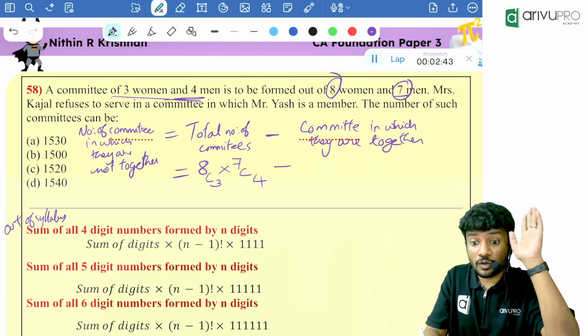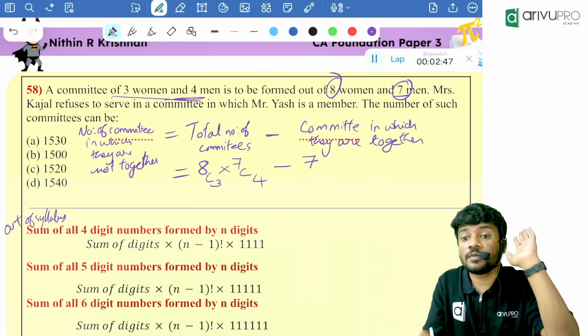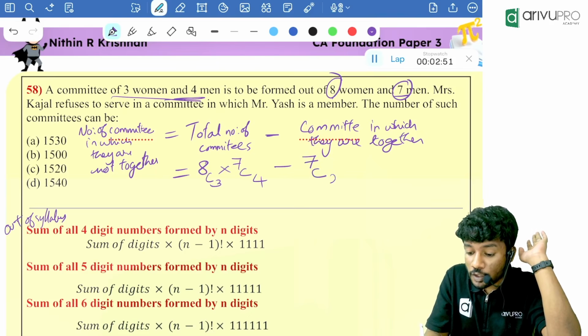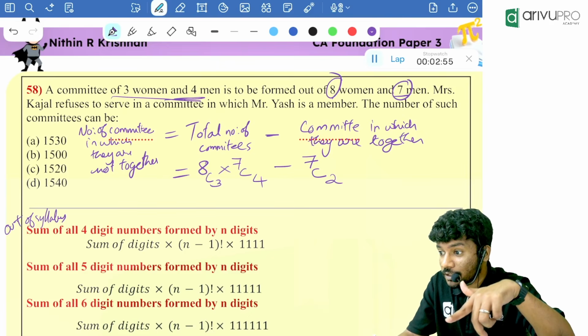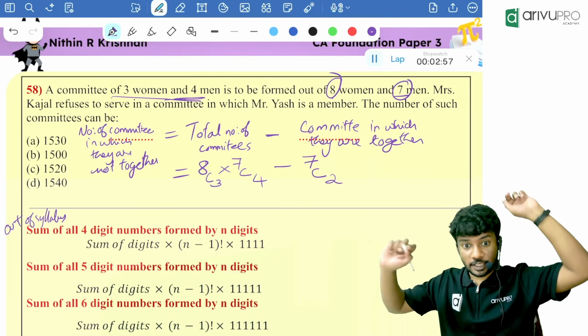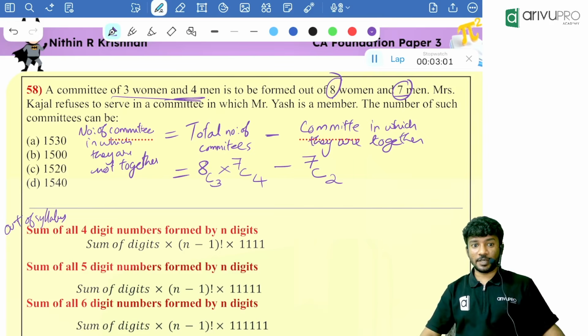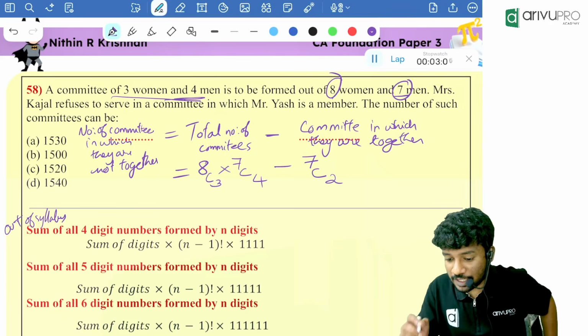No, they are already chosen. That means 7 women are left. From 7 women, how many should be chosen? 2 women. Why 2 women? Our nepo kid Kajal is already sitting in the chair, so 2 more women can be selected.